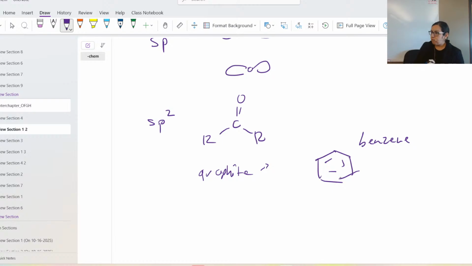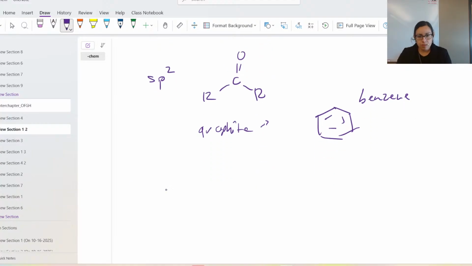And so again, they're all flat, right? So we have to think in 3D for OChem. So we're thinking these are flat, so that when we're looking at the reactivity, we'll know whether there are possible isomers or not. And then sp3, so we'll stop at sp3 because we're mainly carbon focused right now.